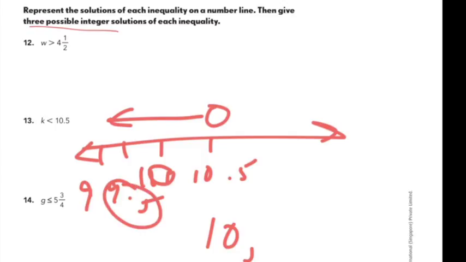An integer, if you remember we went over in class, has to be a whole number. So the next number is 9, and then I would say 8. So 10, 9, and 8. You can have other ones too, but 10, 9, and 8 are the first 3 that appear.